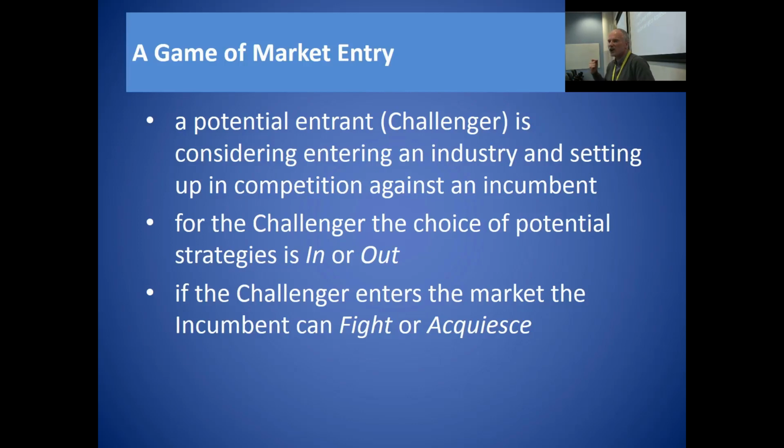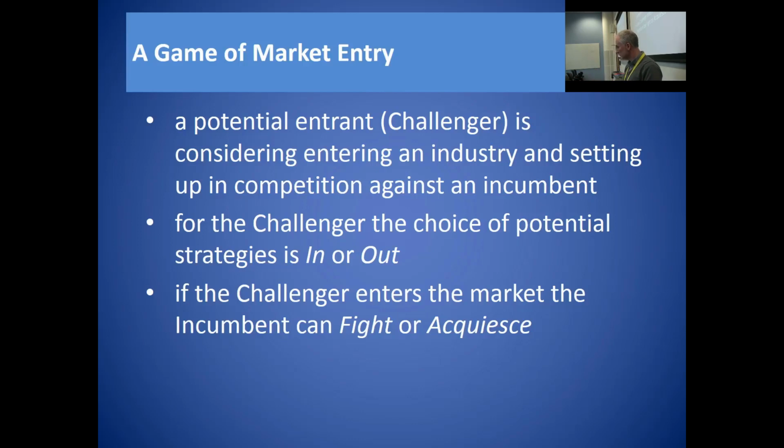So it adopts an aggressive pricing strategy, if you like. It could be a whole multitude of things, but absolutely it fights market entry. The other possibility for the incumbent firm is, if the challenger enters the market, it does nothing. It acquiesces to the firm. It allows it to enter the market, and it doesn't retaliate in any way whatsoever.